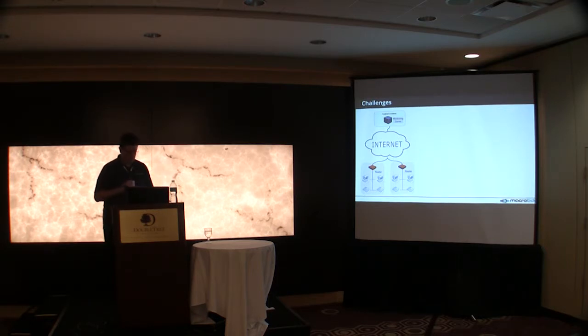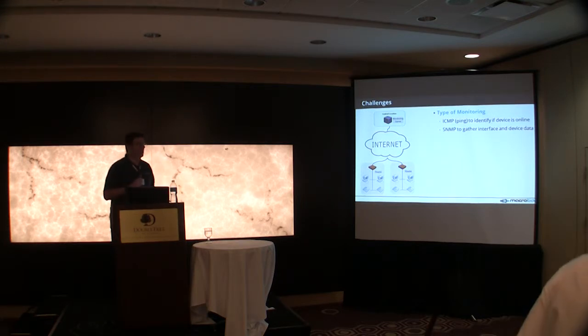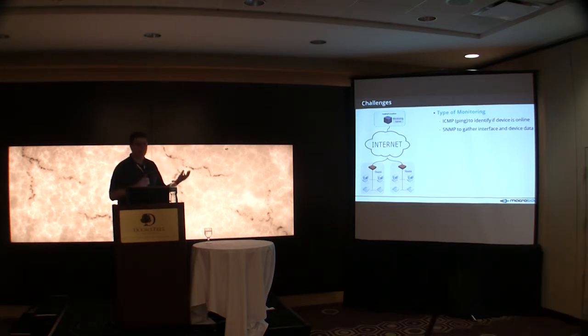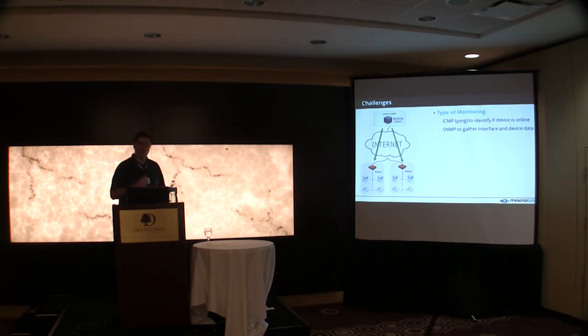The typical model for almost all of them is using two main standard protocols: ICMP, or ping, to identify if a device is online, and SNMP, Simple Network Management Protocol, to gather the interface data and performance statistics. We used to call this a pull model, which means a server initiates the request to the remote sites, pulls the data, and stores it in a central location.